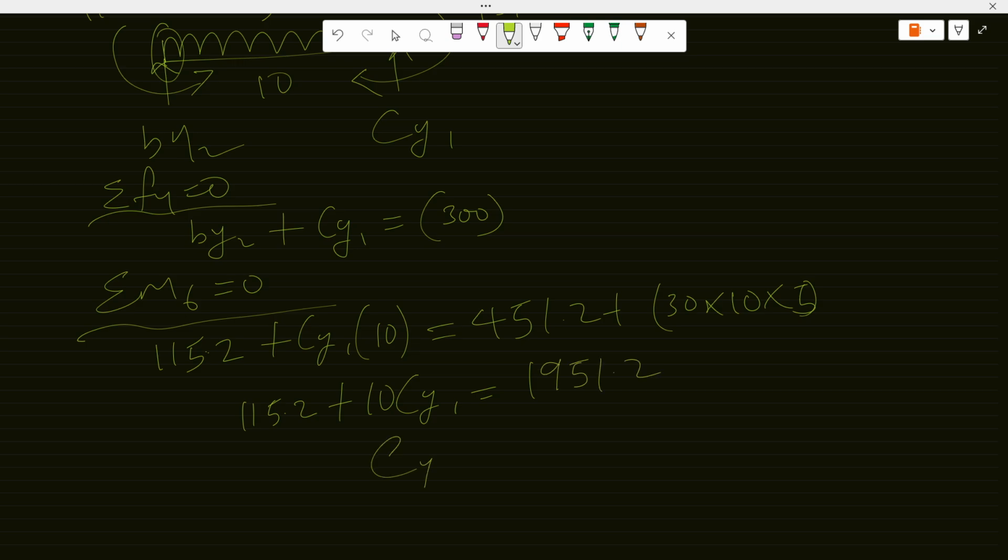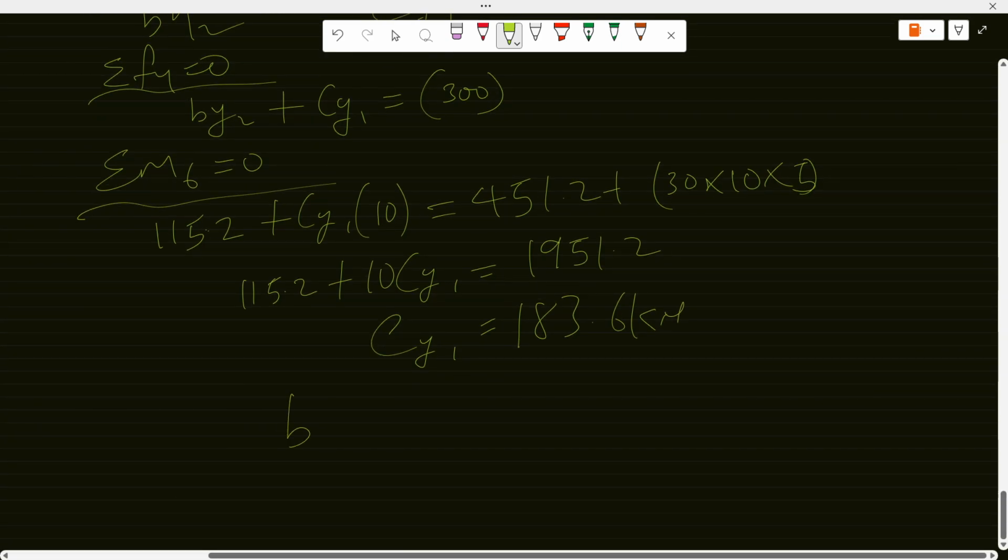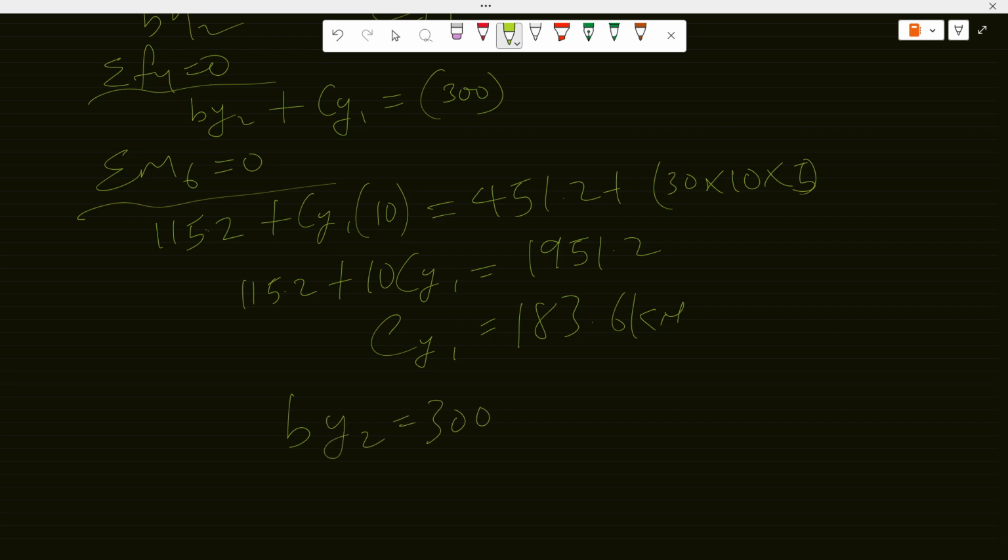Then CY1 is equal to 183.6 kilonewton. But BY2 plus CY1 is equal to 300, which means that BY2 is equal to 300 minus 183.6, which means that BY2 is equal to 116.4 kilonewtons.